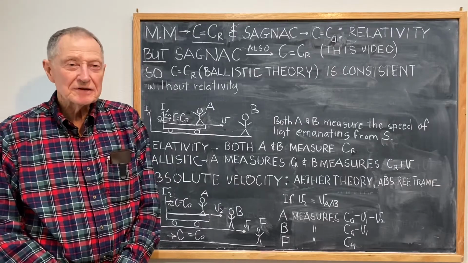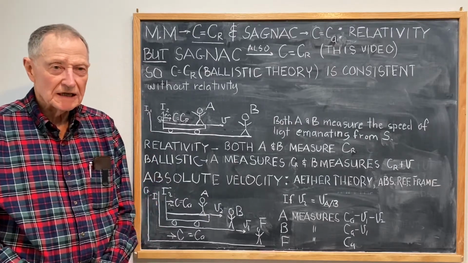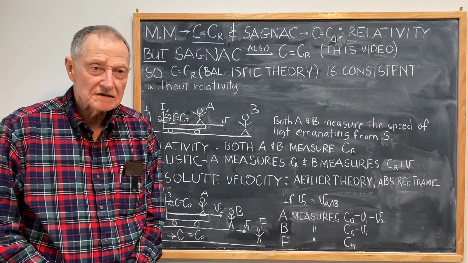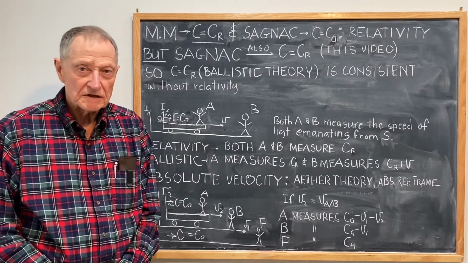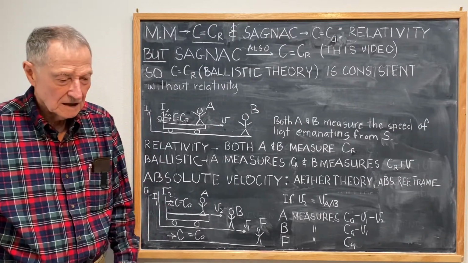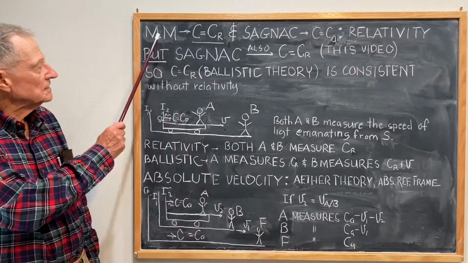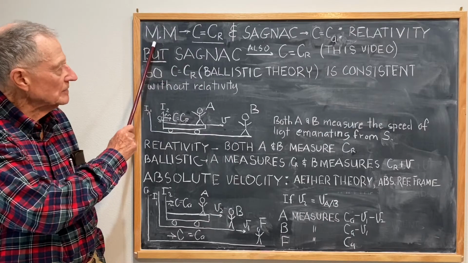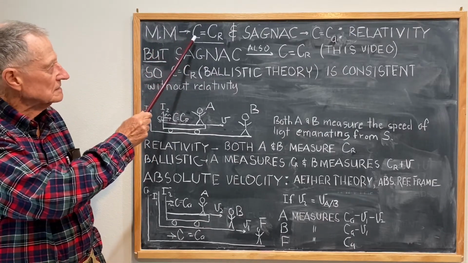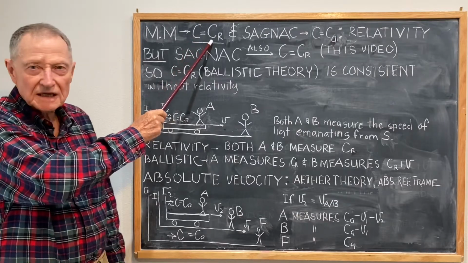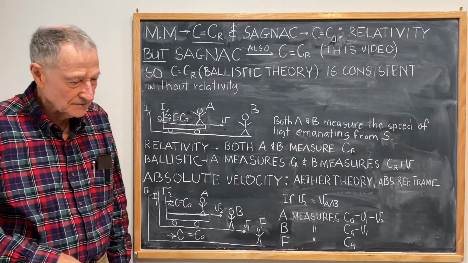In this video, I'm going to show that the Michelson-Morley and Sagnac experiments give consistent results, so that you don't need the theory of relativity to explain them. Until now, the only possible interpretation of the Michelson-Morley experiment is that the speed of light is constant relative to the source.